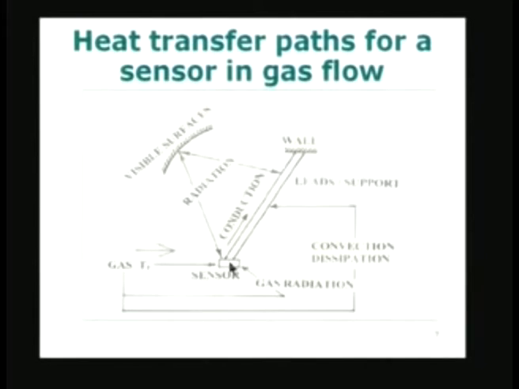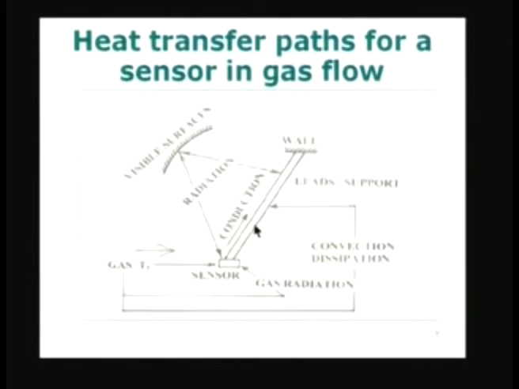As far as the sensor is concerned, if it were to get heat transfer only from the gas and there was no loss mechanism, then quickly it will achieve a temperature equal to the temperature of the gas, and there is no error at all in this application. However, because the sensor has to be connected to a wall through leads or the support arrangement, some amount of conduction loss is going to take place.